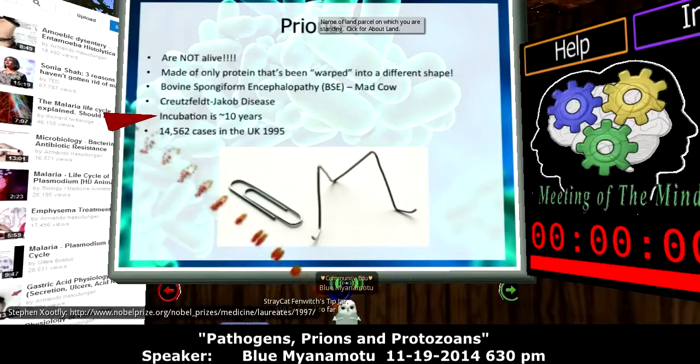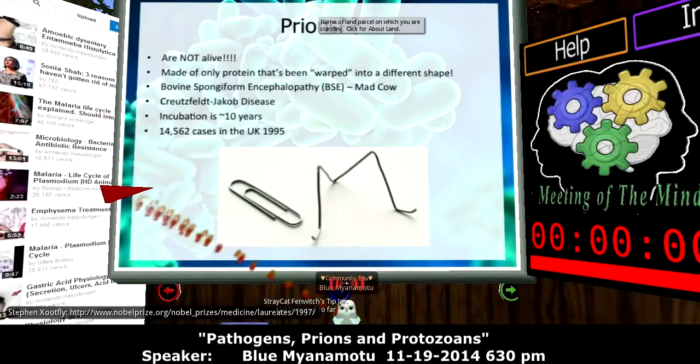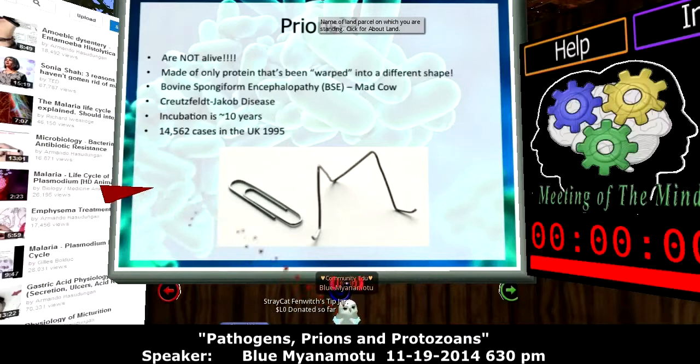So when Prusiner said it was proteins, it was really hard to believe. I'm really watering this down, so those of you who are prion experts, I know it's more complicated than this, but here's the essential idea.